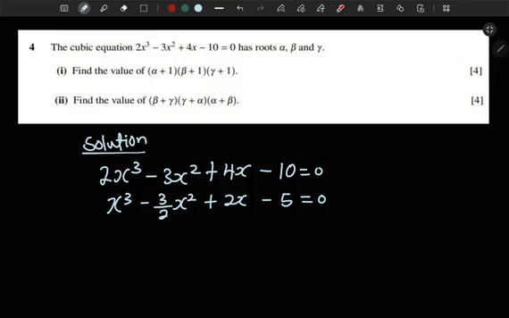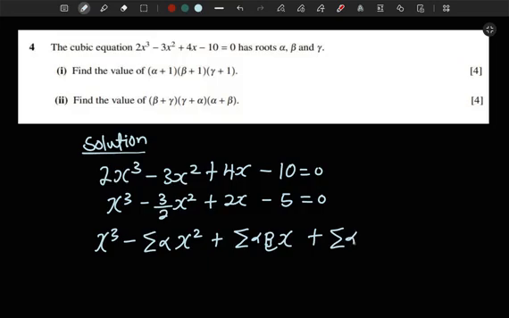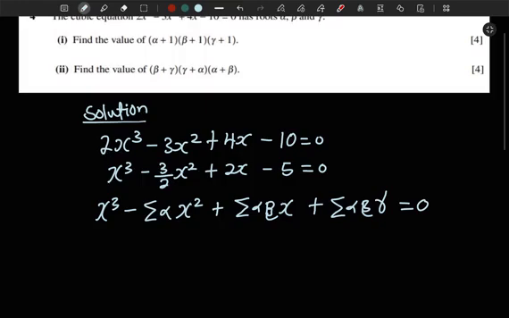So remember that for a cubic equation, we have that to be in terms of x cubed minus the sum of the roots x squared, then plus the sum of the pairs of any two roots x, then minus the product of the roots equals 0. Sorry, this must be minus.